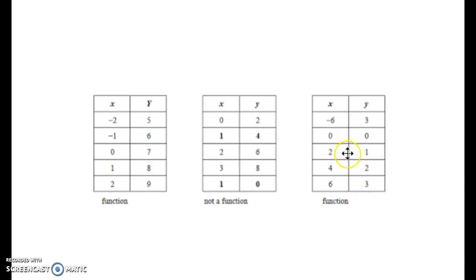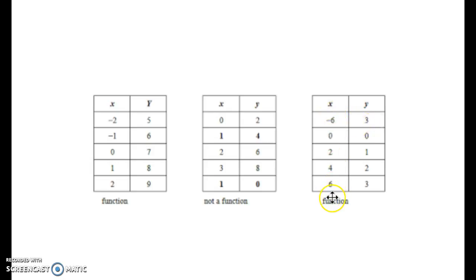This is interesting because I have very different domain values, different x values. My y values, you see that when I put in -6, I get 3, and when I put in 6, I get 3. It's okay if you have the same range value come out for different inputs, but when you put something in, it can only match to one number, and that's sometimes a thing that's confusing about functions.